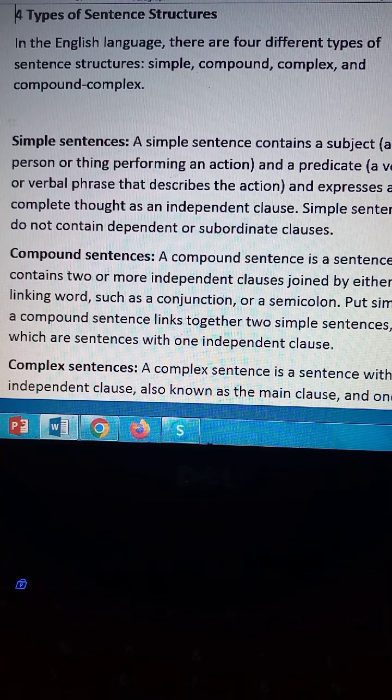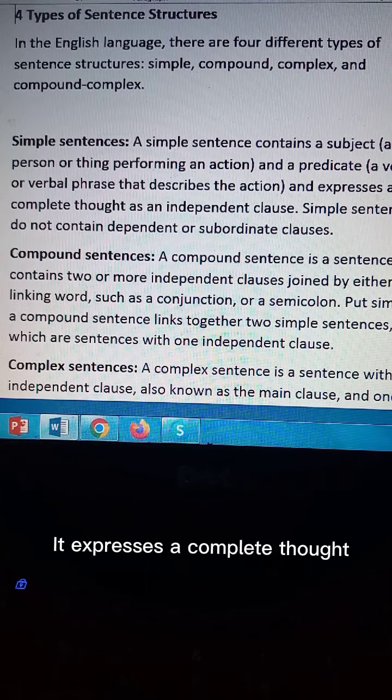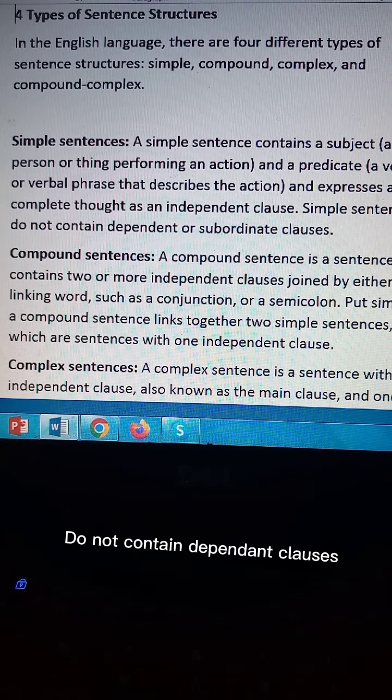So it contains a subject and expresses a complete thought as an independent clause. A simple sentence has one independent clause and subject-verb agreement, in simple words. Simple sentences do not contain dependent or subordinate clauses.